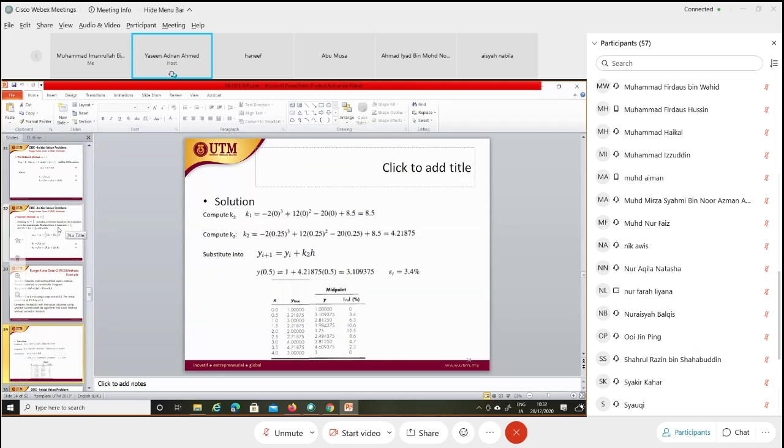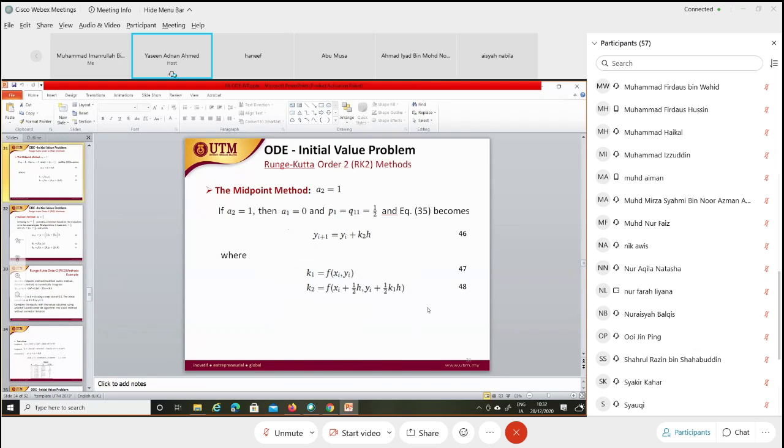And the y value, but fortunately there is no y inside the expression. But if you got y inside the expression, then that y value will be, for example, yi, that is the initial condition value, plus half of k1h. So for example, if you have y inside the expression, yi is actually 1, right?